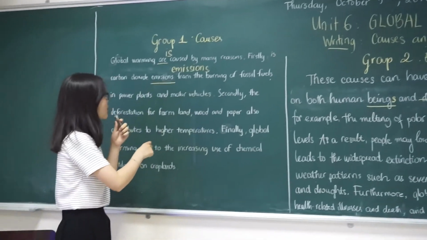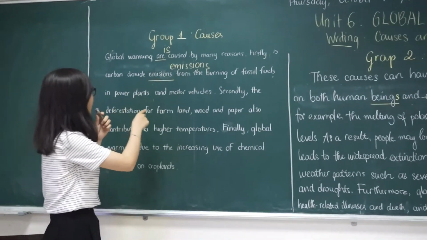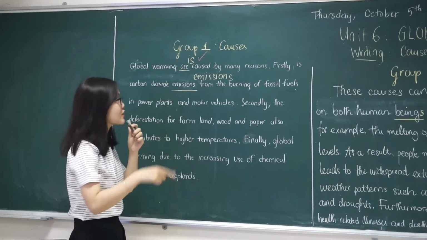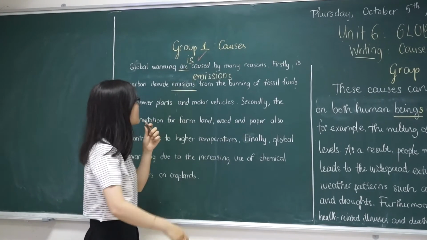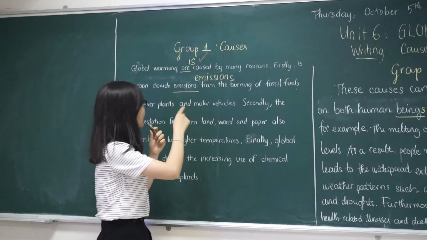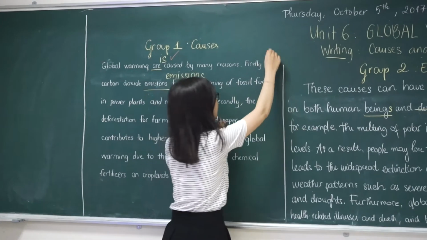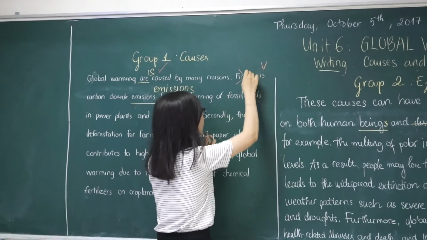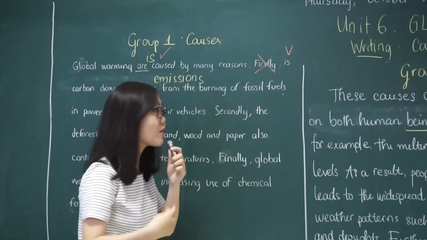So now the first paragraph, the causes. Global warming, yes, this is a very good correction. Global warming is a singular noun, so you have to use is here. Is caused by many reasons. Firstly, wow, you make a mistake here. This is a verb, right? So this one is not a subject. You have to change it into a noun phrase.